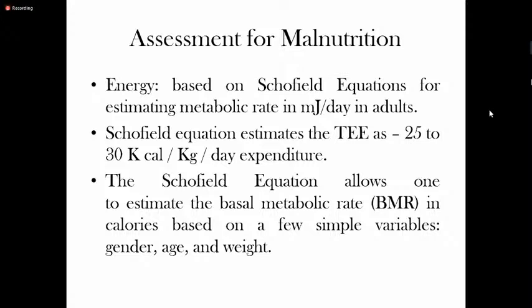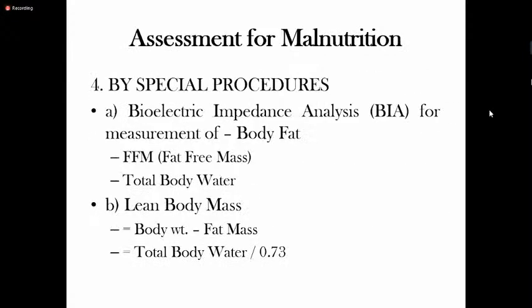So we have also energy-based equations like Schofield equations for estimating metabolic rates. We have also Schofield equations that allow us to estimate the basal metabolic rates. Okay, so these are equations. Now let me go back a little. So here, methods or procedures, we have BIA, and then we have the lean body mass, okay?